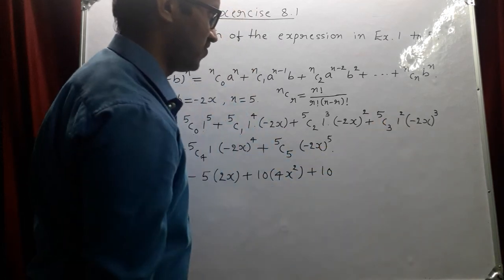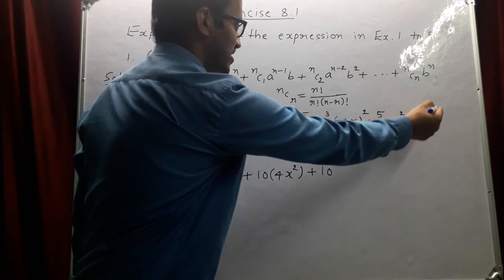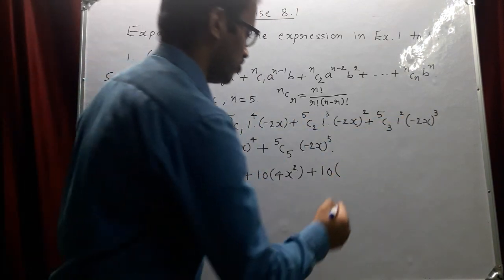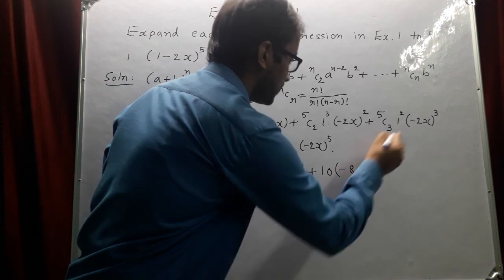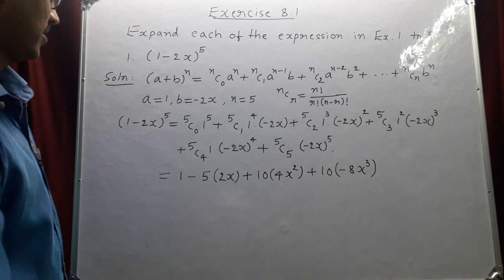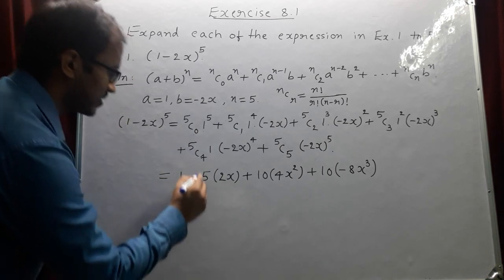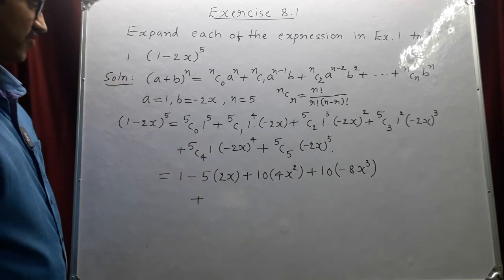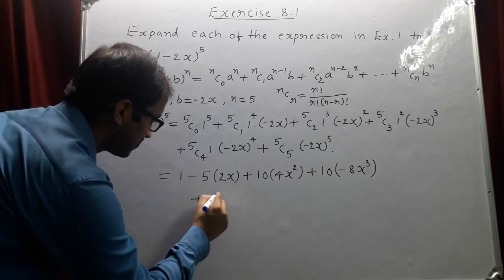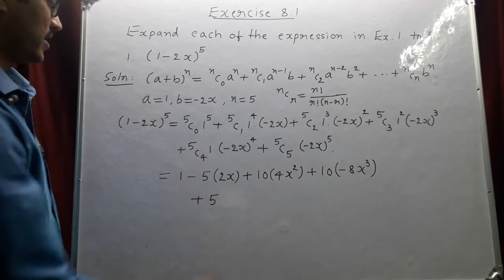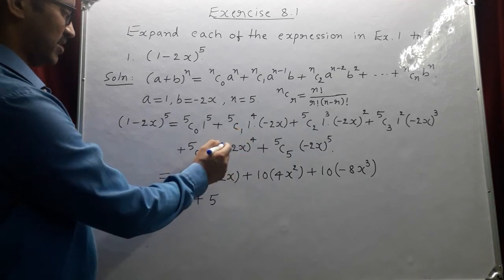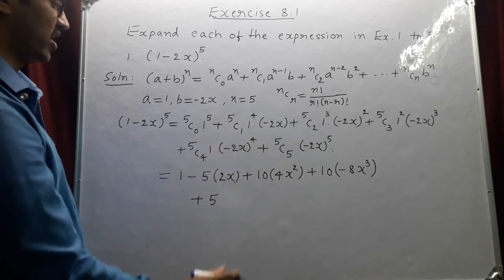1 square is 1, minus 2x whole cube. So minus 2 whole cube becomes minus 8 into x cube, plus 5c4. 5c4 value is 5 into minus 2x power 4. So minus 1 power 4 becomes 1.